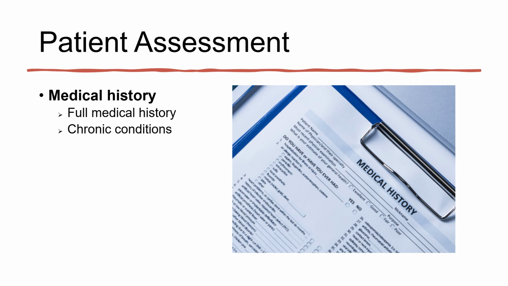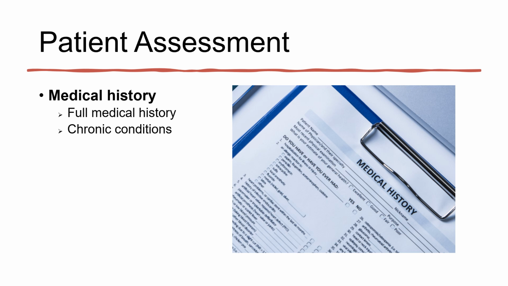So why do chronic conditions matter? Well, some of them won't impact the surgery, but some of them will. For example, if the patient already has a history of DVT, which is deep vein thrombosis, then we might pay a little more attention to some lab work prior to that surgery, or maybe the patient shouldn't have certain interventions done prior to surgery relating to that DVT.